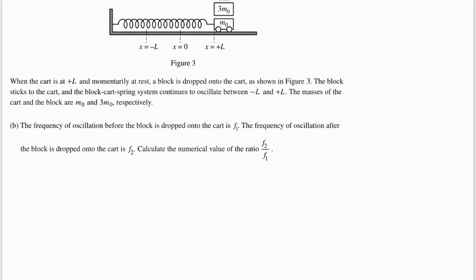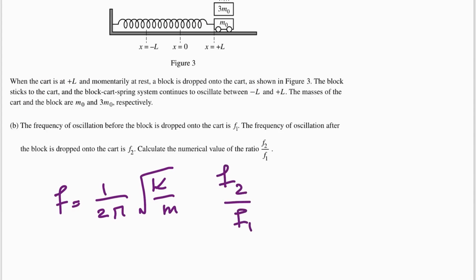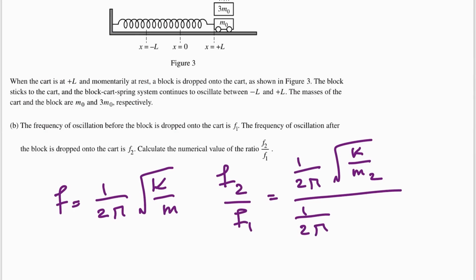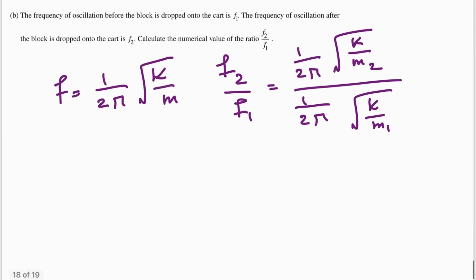Okay, so we know the formula for f is 1 over 2 pi square root of k over m. We want to find f2 over f1. So this is 1 over 2 pi square root of k over m2 divided by 1 over 2 pi square root of k over m1.